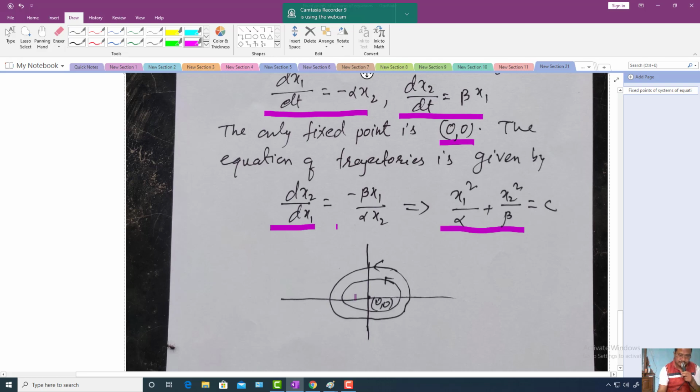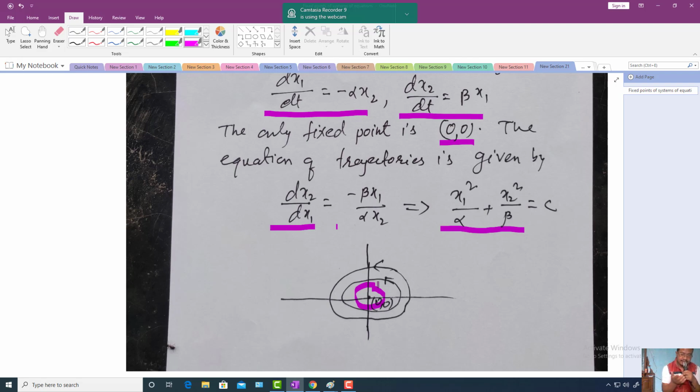It is neither moving away from nor coming toward the fixed point; constantly it is revolving. If you start from here also, a smaller ellipse will be here, so there will be lots of concentric ellipses. We call this a stable fixed point. Center is a stable fixed point.